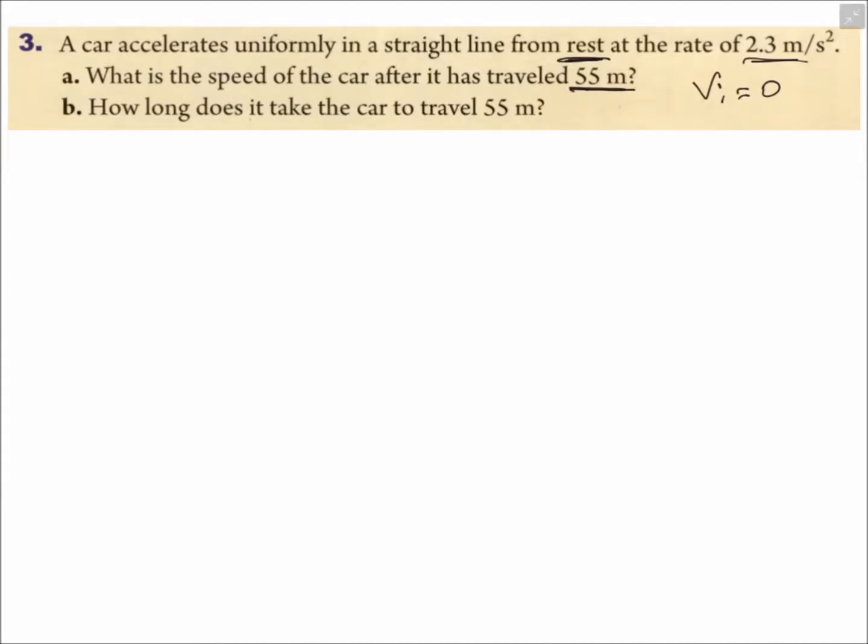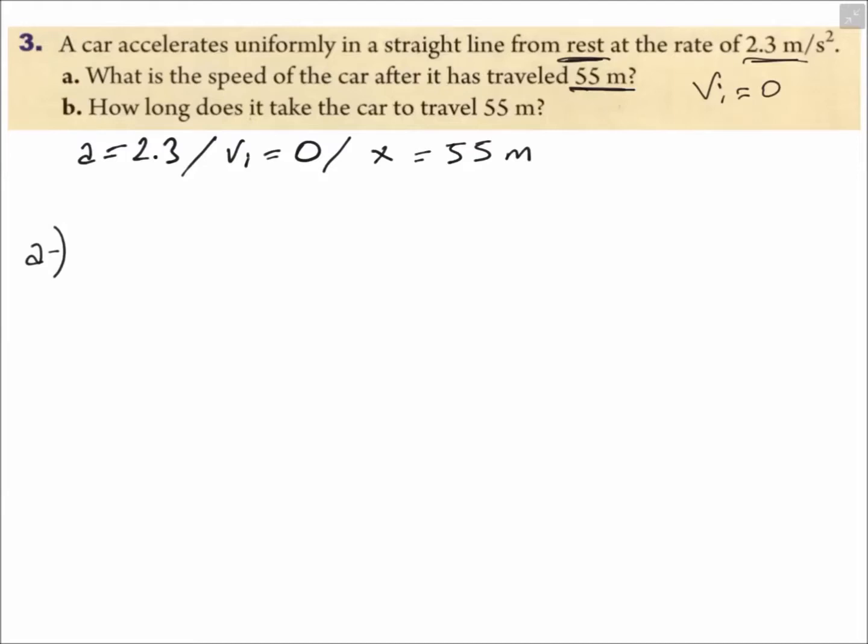Let's write the givens first. We have acceleration, which is 2.3, and we have initial velocity, which is 0, and then we have x, which is 55 meters.